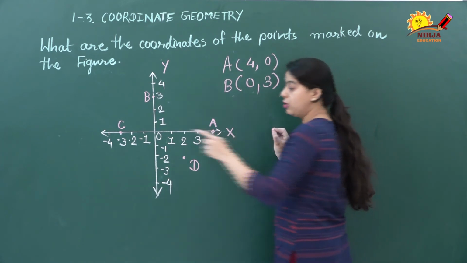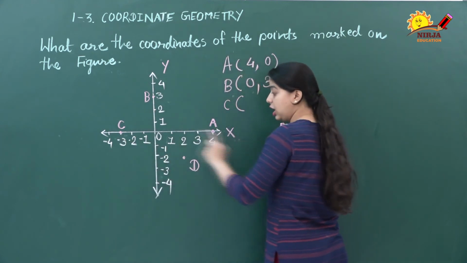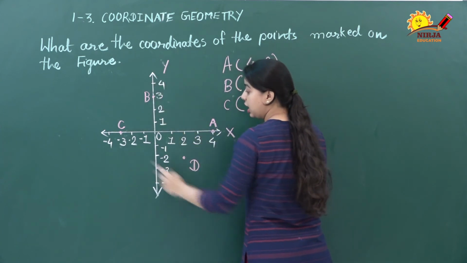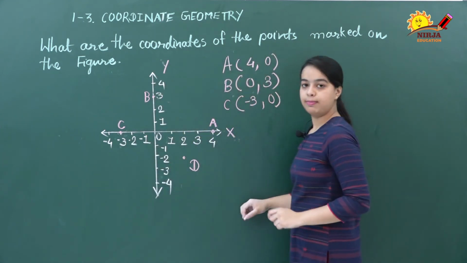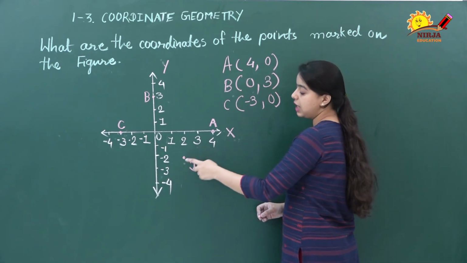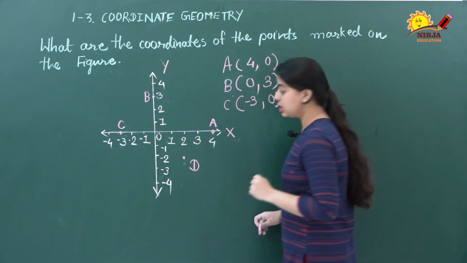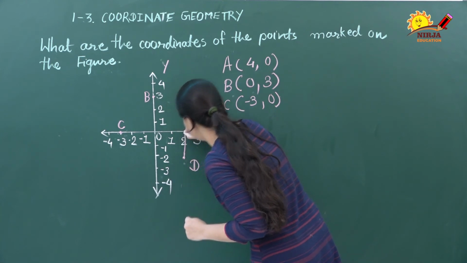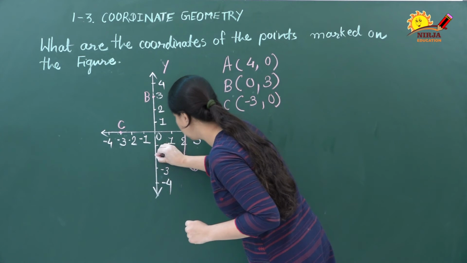Now let's talk about C. The x coordinate of C is minus 3 and the y coordinate of C is 0. Now let's talk about D. As you can see, D is lying over here in the 4th quadrant. Now we are going to draw a perpendicular line from D to the x-axis and a perpendicular line from D to the y-axis.